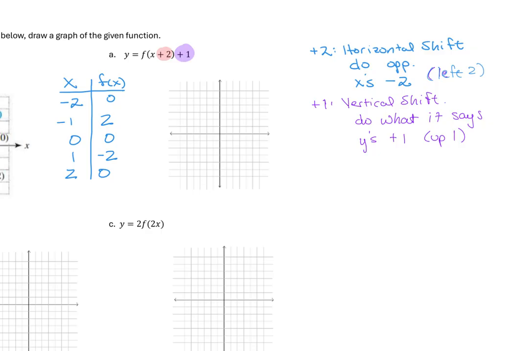All right, so if we go ahead and create a new table, again, we have our x's minus 2. And so all of our x values, we want to subtract 2 from them. When we do this, we get -4, -3, -2, -1, and 0.